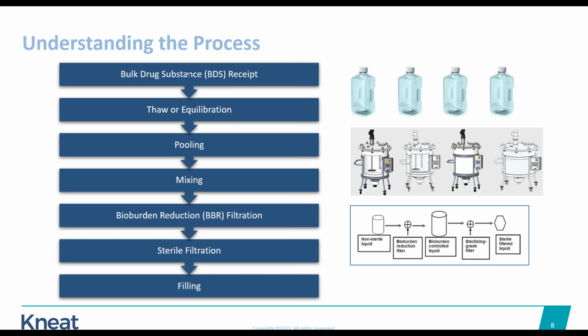But the very first step we have here is bulk drug substance receipt, or BDS for short. And over here I have a picture of some bottles. These are Nalgene bottles. More times than not, the bulk drug substance won't be manufactured at the same site that formulation and filling will take place, and all these steps are formulation and filling.